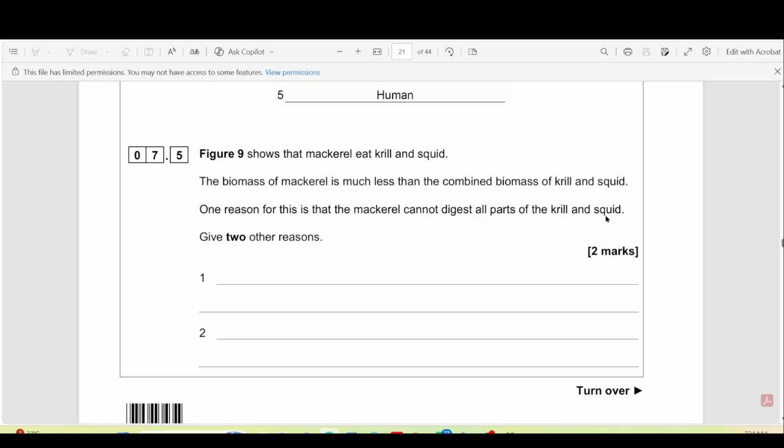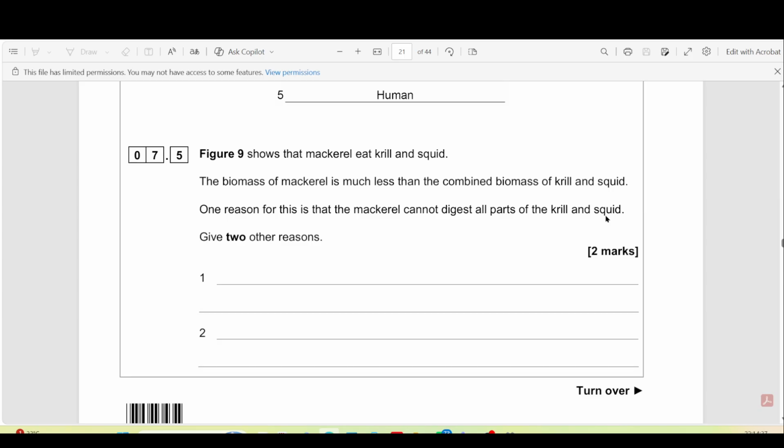Besides inability to digest all parts of the prey, the main reason is energy is lost as heat during metabolic processes, which is respiration, and biomass is lost through waste products like urea, and carbon dioxide during exhalation, which is excretion.